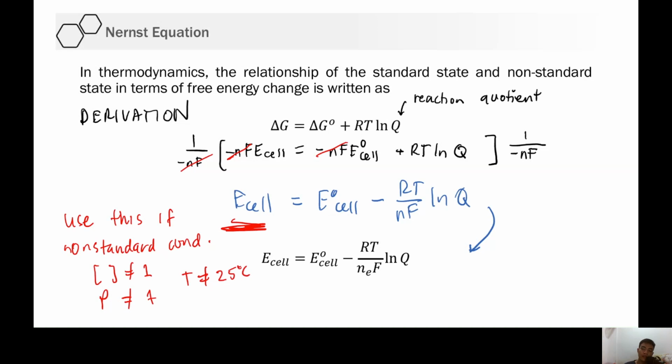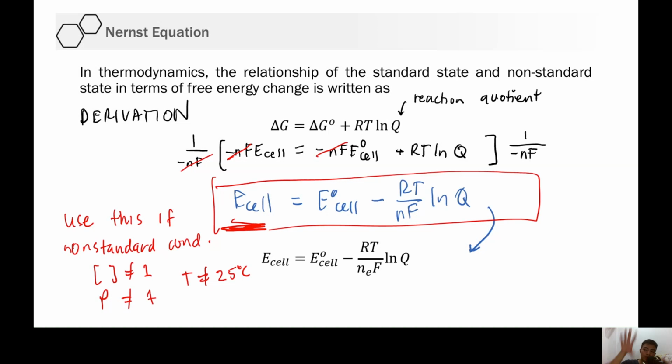If any of those three conditions has been violated, then we have to use this Nernst equation. Again, take note that Q is the reaction quotient. It has the same expression as K: products over reactants. So the same rule for the equilibrium constant applies to Q.